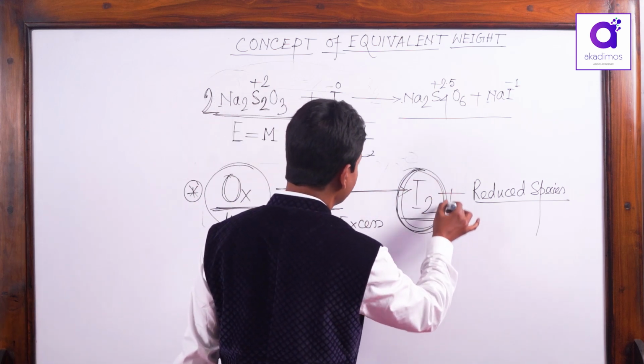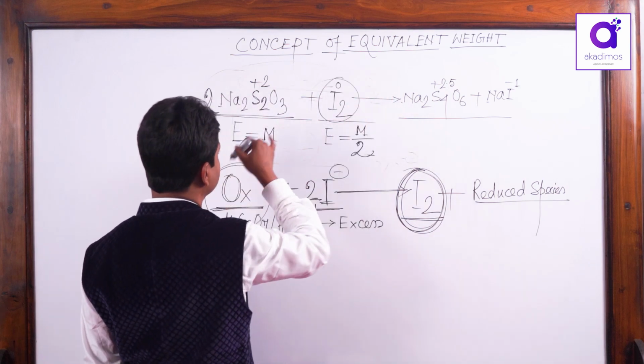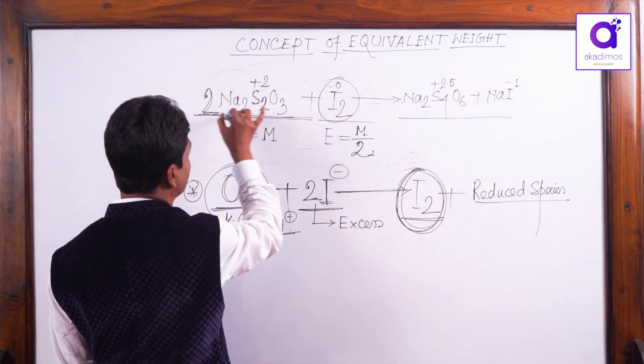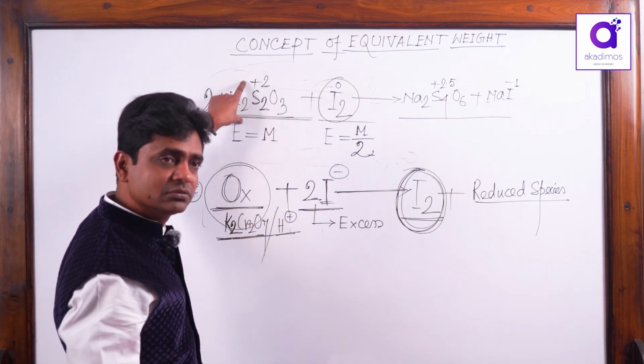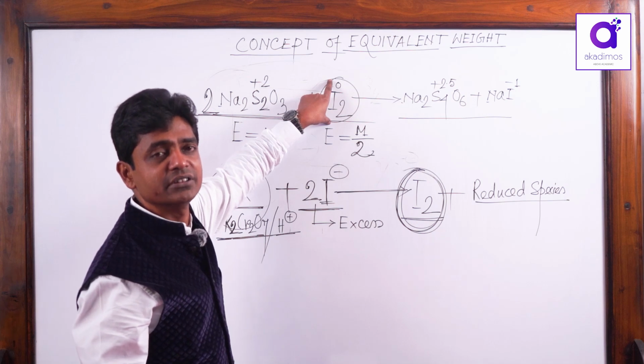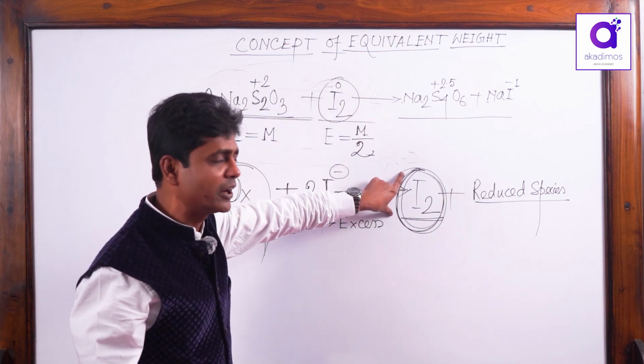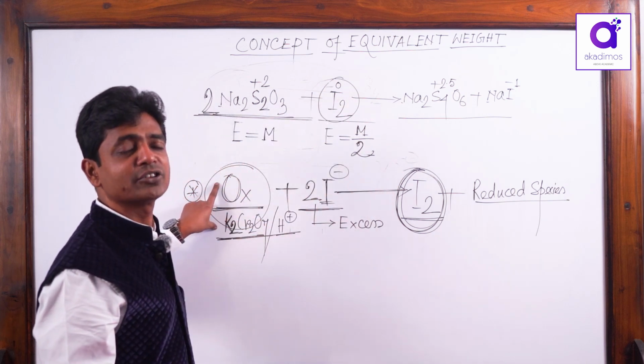This liberated iodine you can estimate by using a standard hypo or sodium thiosulfate solution. If you know this amount, you will get the amount of iodine. Once you get the amount of iodine, you will get the amount of dichromate.